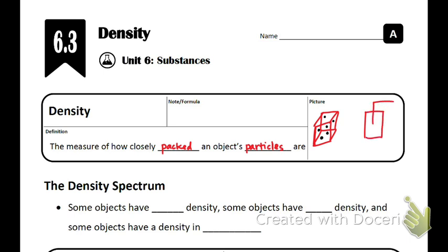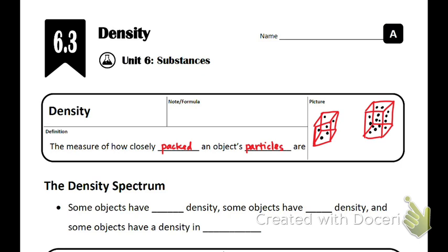If we draw another box, something with higher density, the particles are going to be much closer. The box will be more packed. Okay?